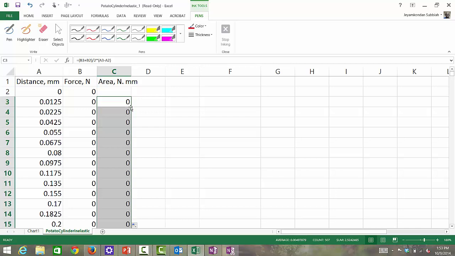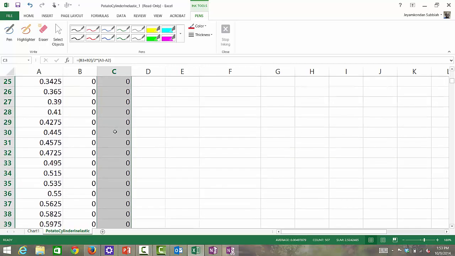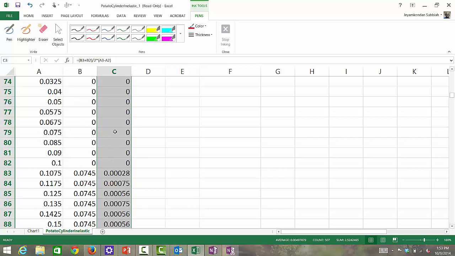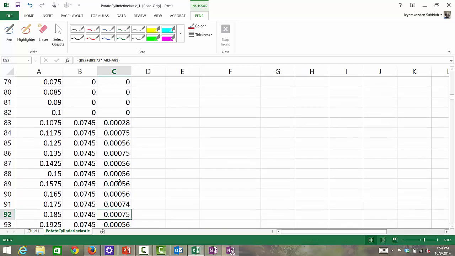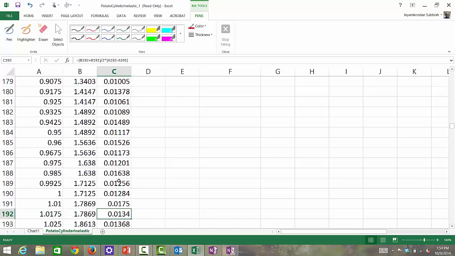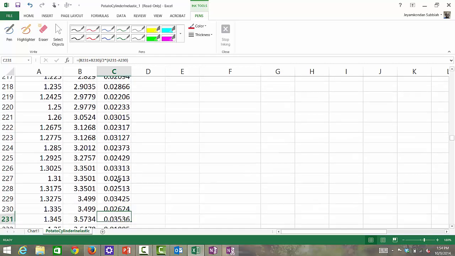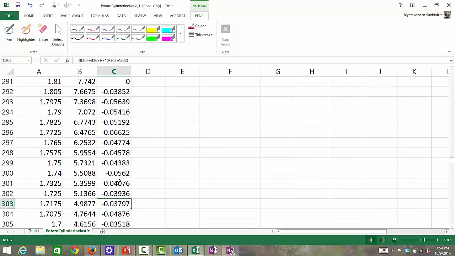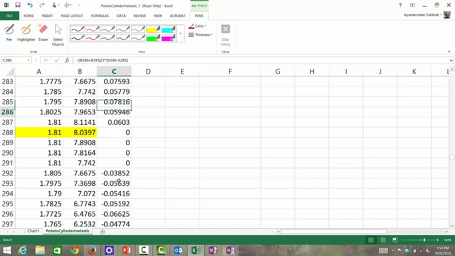And then you need to calculate it for the entire length. You can see that initially the value was pretty close to 0. We collected at a very high sampling rate, which probably is not needed. So you keep going until you see the maximum force. The maximum force occurred at around 8.11.